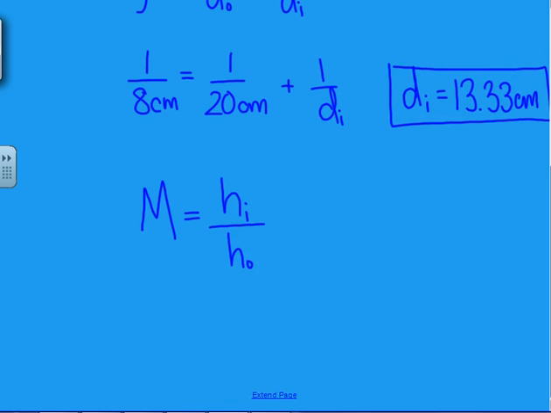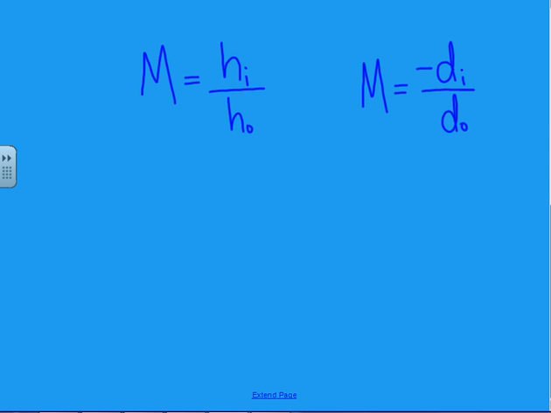Based on the information I'm given in the problem, I do not yet know magnification. But I do know magnification is negative di over dO. Because magnification is equal to both of these equations, the equations are equal to each other.